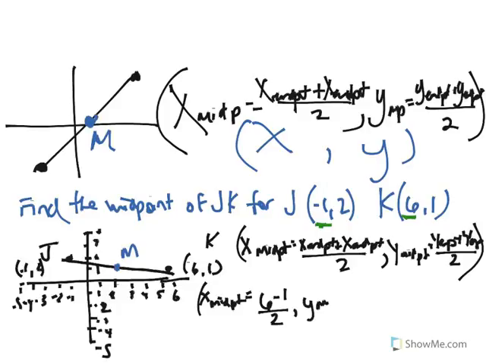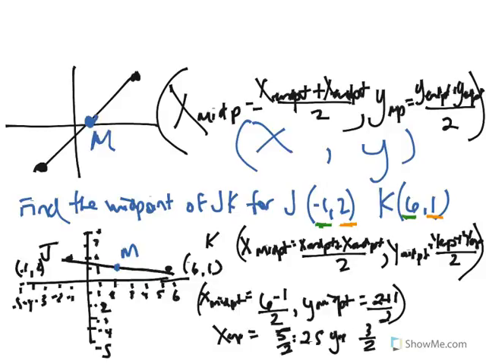For my y midpoint, I'm going to have these two numbers added together and divided by 2. And over here I'm going to get 5 over 2. Over here I'm going to get 3 over 2. I'm going to get x midpoint equals 2.5. I'm going to get y midpoint equals 1.5.